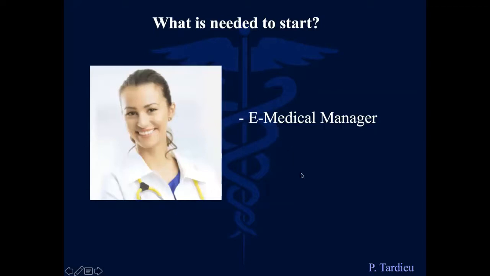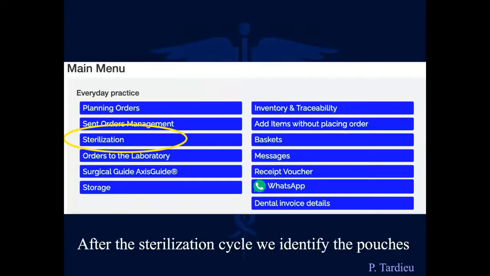And we need the program. So the program is not limited to sterilization. The program is huge, but I'm talking today only on the sterilization tool. So in our everyday practice, we have a lot of things that we do. We can communicate by WhatsApp, we can work on the inventory, we can make orders, control orders, make payment, send orders to the lab, make a lot of things.